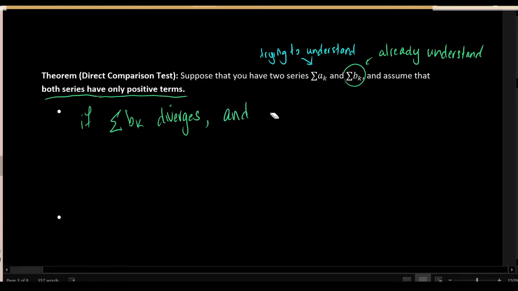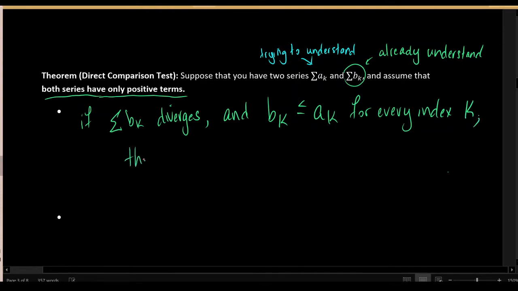So bk, every single bk, is underneath ak. If that's true, then the series that you're investigating must diverge as well.